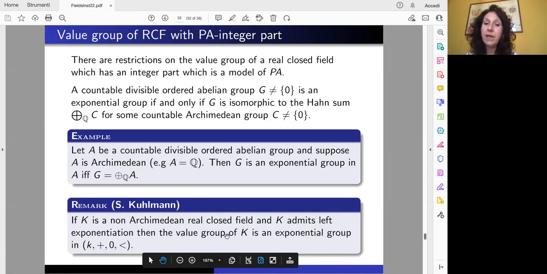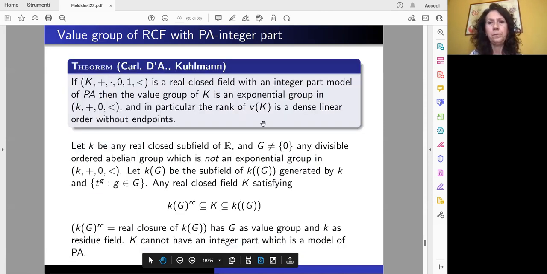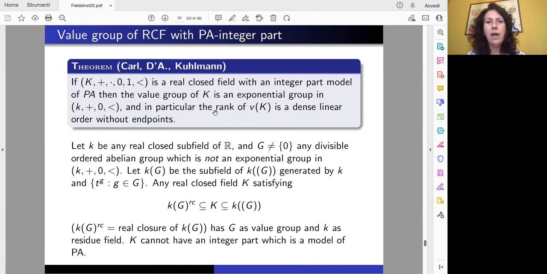So the value group is an exponential value group in the residue field. This is a joint work with Merlin, Carl, Salma, and myself, and in particular we get that the rank of the value group is a dense linear order without endpoints.